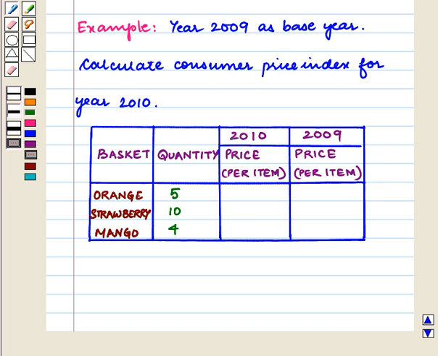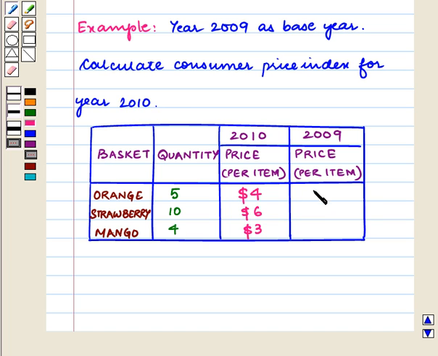We have 5 oranges, 10 strawberries and 4 mangoes in the fixed basket. The price of each orange in 2010 was $4, the price of each strawberry in 2010 was $6 and the price of mango in 2010 was $3.